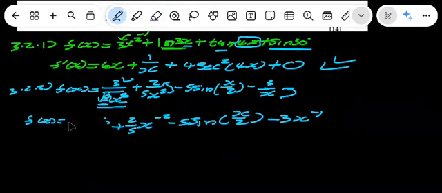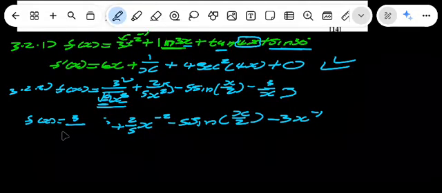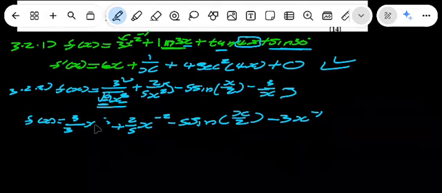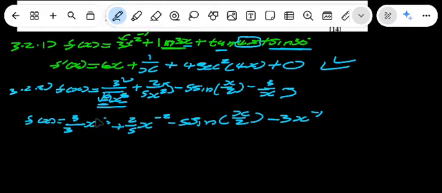So you have here 3 over, plus 3 over 3, isn't it? So 3 over 3, and then here will be x raised to the power of minus 3 over 2.